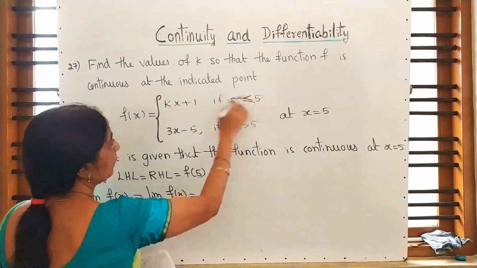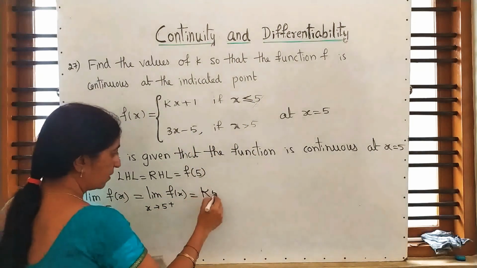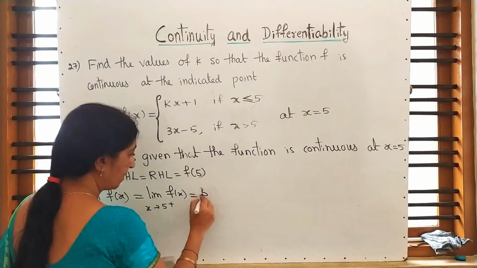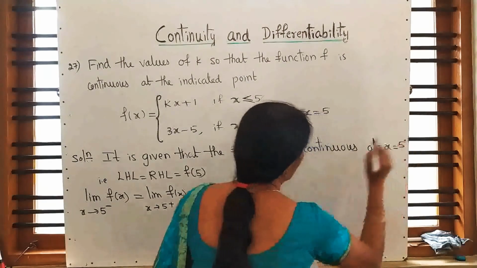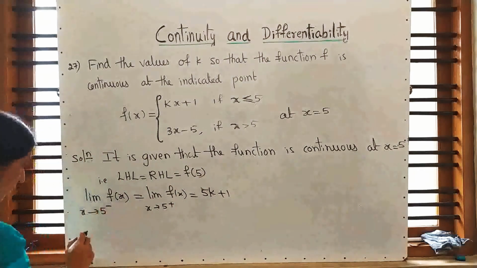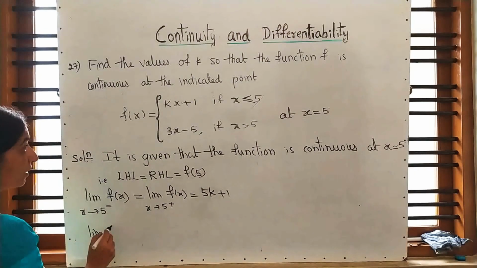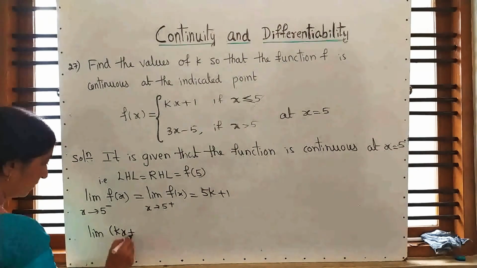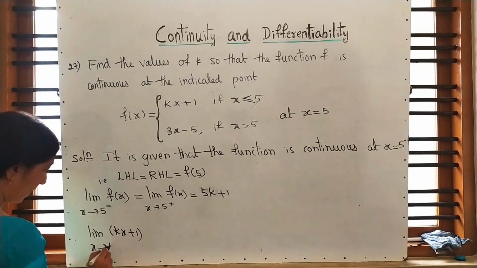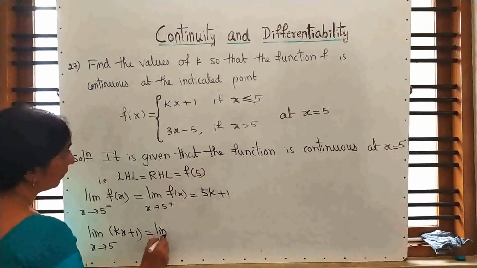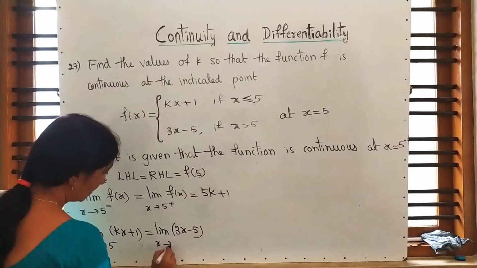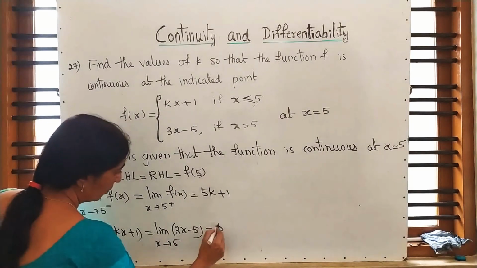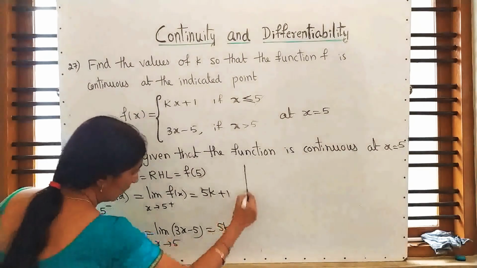Which one are you selecting for the left? First expression. It is 5k plus 1. Now students, you tell me which function you are selecting. Yes, first one. And for the right hand limit, second one. And the constant I already wrote, 5k plus 1.